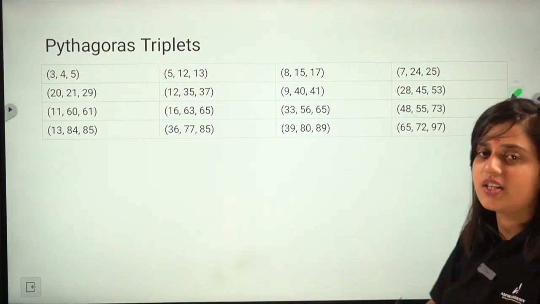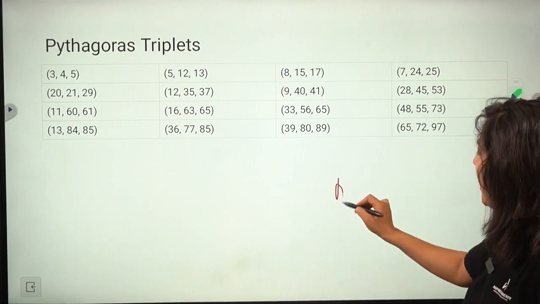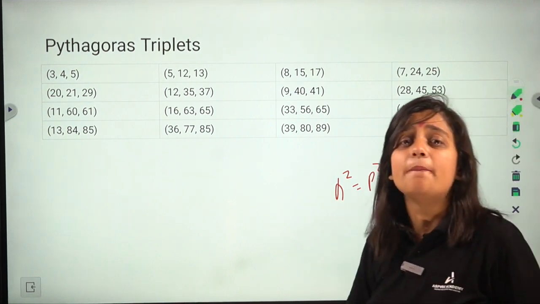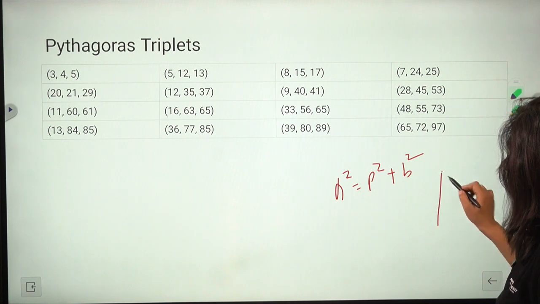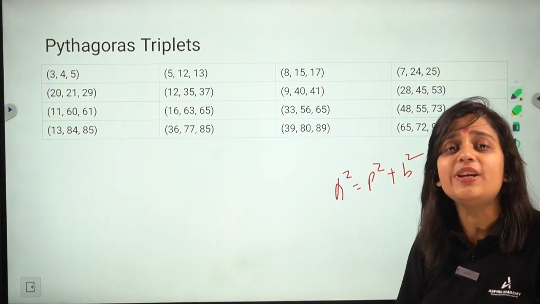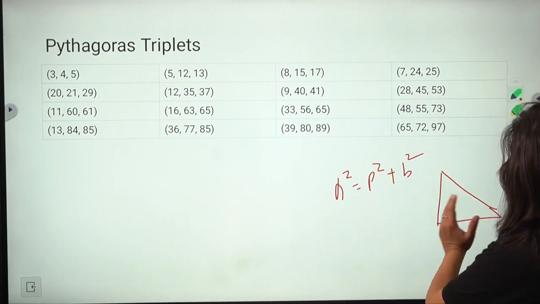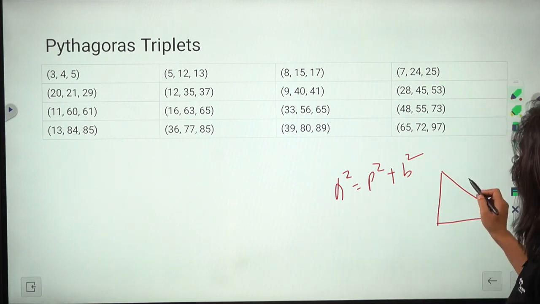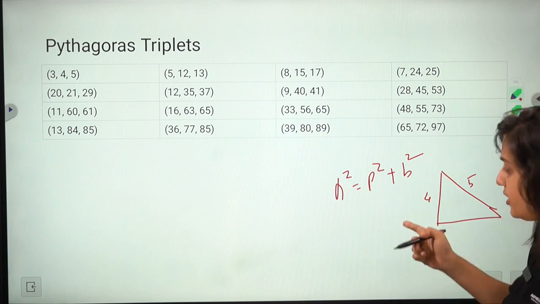First you should know what is Pythagoras triplet. See, as I said, H square is equal to P square plus B square. This is the Pythagoras theorem, isn't it? So that means in every right angle triangle, there exists a unique set of three numbers, in some unit. Okay, it might be centimeter, meter, or whatever it is. Suppose if it is 5, it is 4, it has to be 3. See why?